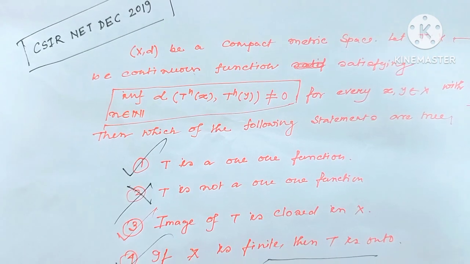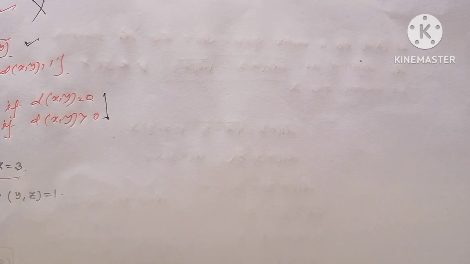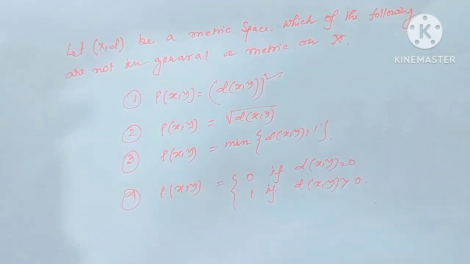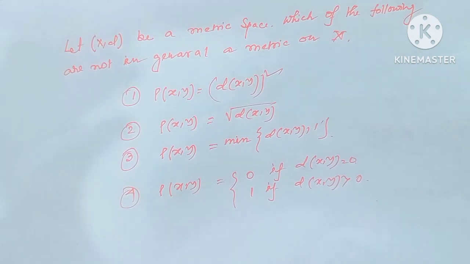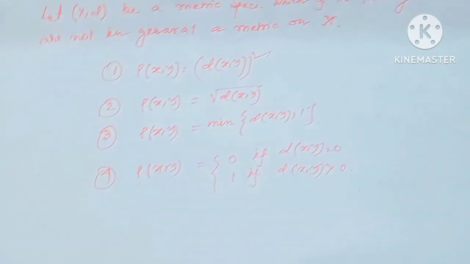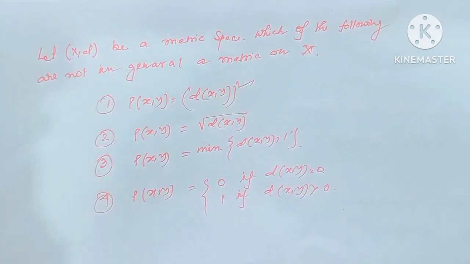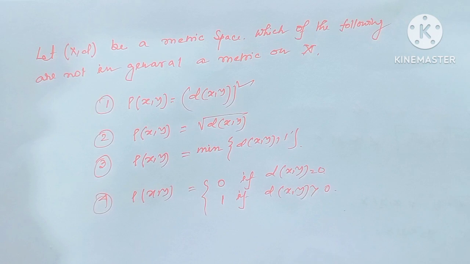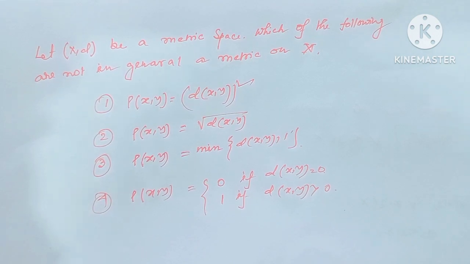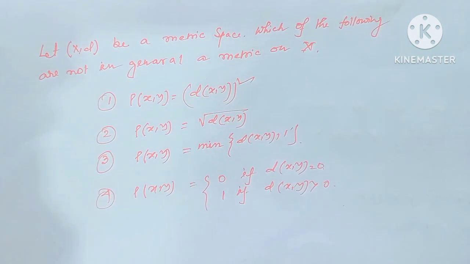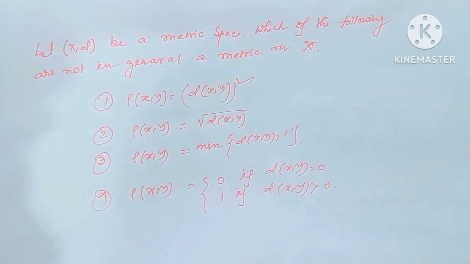So, another example. This is a very easy example, just as an exercise. The last example: let (X, d) be a metric space. Then which of the following are not in general a metric on the metric space (X, d)? Option 1, rho of xy equal to d of xy whole square.